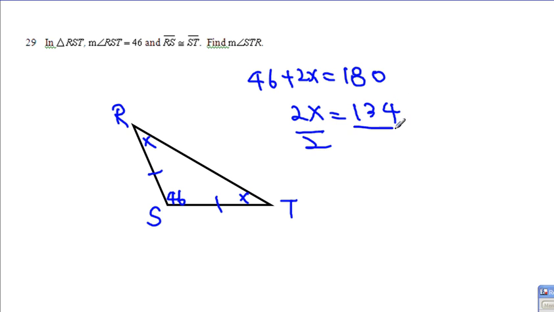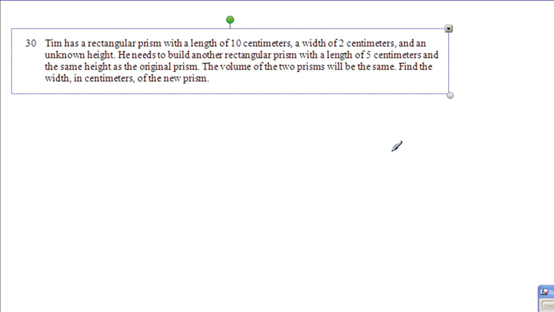And dividing everything by 2, we get x must be equal to 67. Yes. Therefore, 67 degrees will be our final answer.